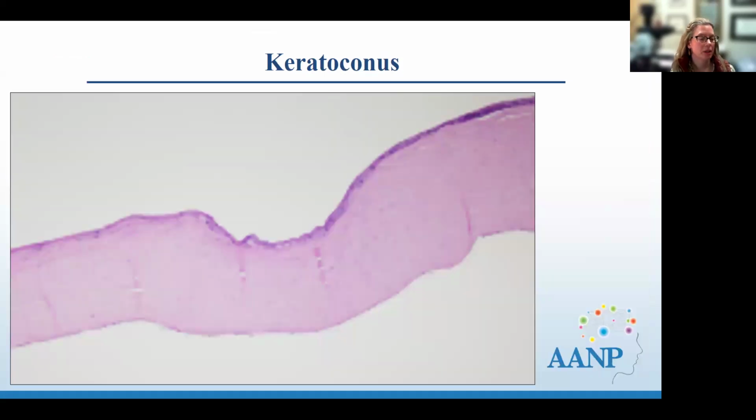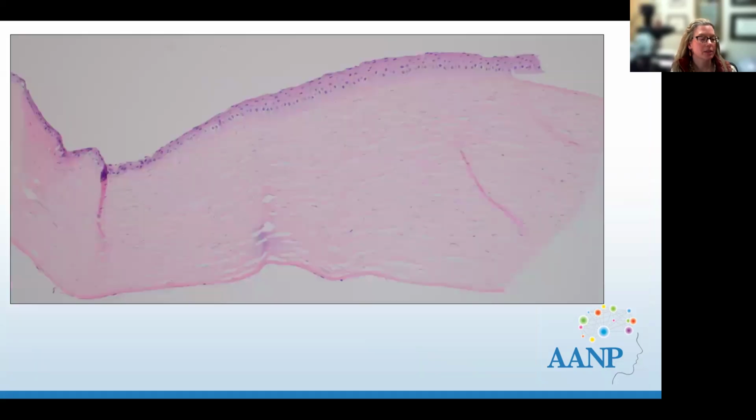Looking a little bit closer, you can see how irregular and folded it is in the middle. And here's the edge where you have this normal look, normal stromal thickness, and everything is nice and laid out. Then as you go towards the center over here on the left, you see how intense the stromal thinning is. It's about half.